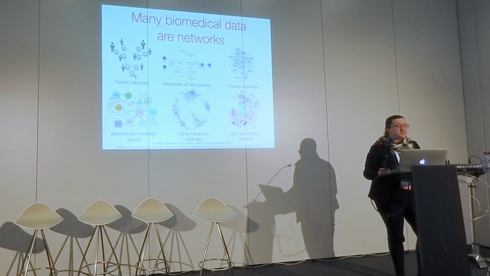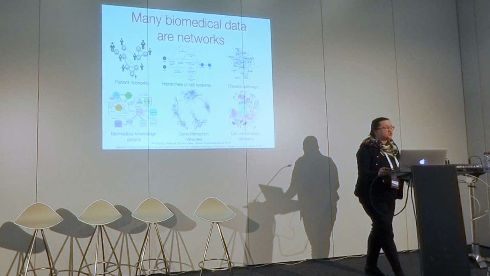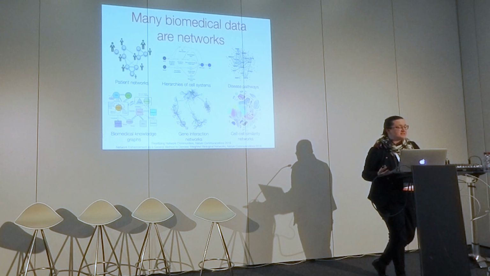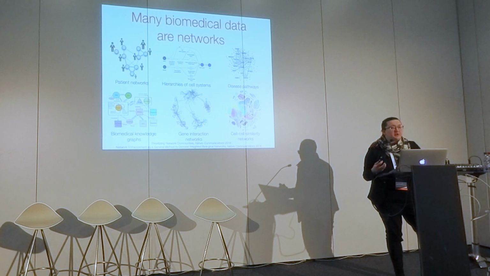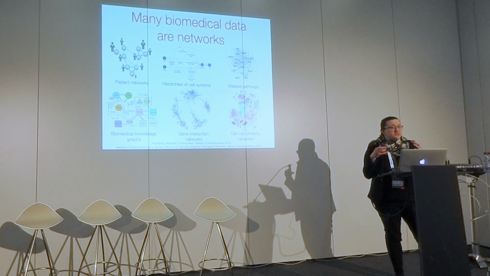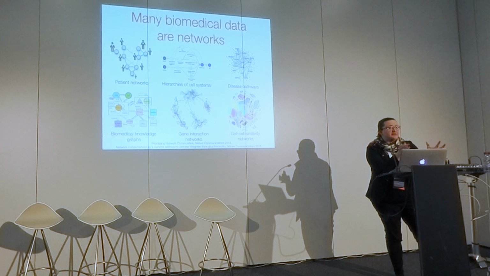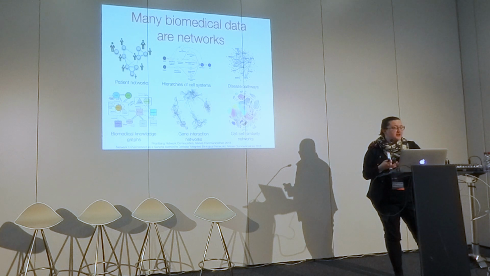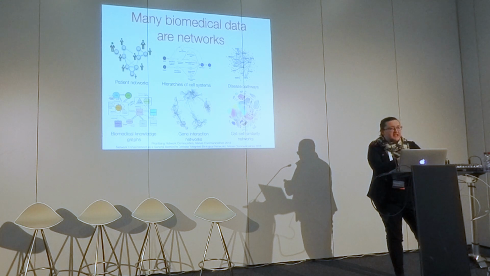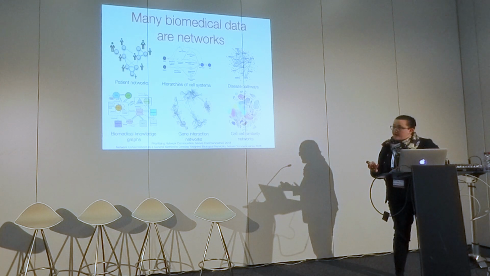It turns out that in biology, medicine, and health in general, there are many, many data sets that actually come in the form of graphs and networks. That might be the case because in all those domains, the objects of interest typically do not act independently of the environment, but are embedded in a larger context that might be a cell, a tissue, a human body, or society, and within that context, those entities interact with each other.